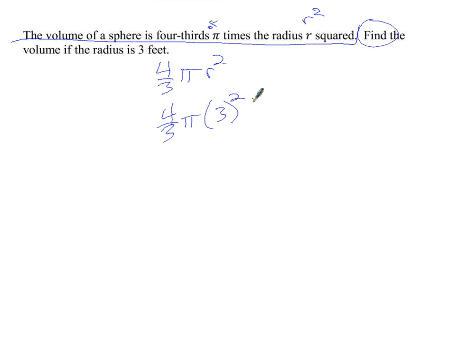We're almost done. There's like 2 more steps and we're done. What happens now? Exponents. 9. So now we have 4/3 times pi times 9, technically 9 square feet.